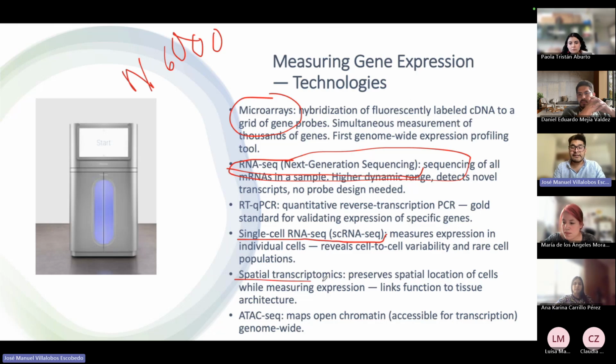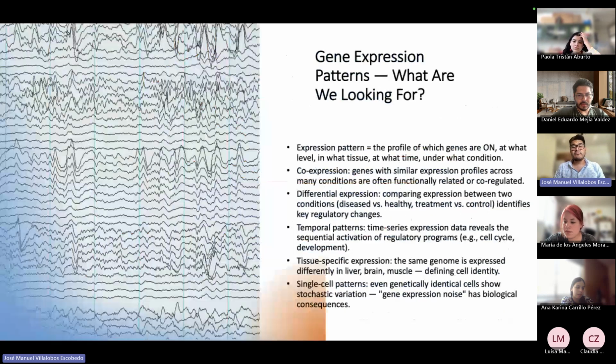We can have spatial transcriptomics, and we have ATAC-seq, which shows what regions are open for transcription, to see if we have chromatin modification and what genes are interacting with a specific region of the genome. So with this information, we try to understand how they are changing together.